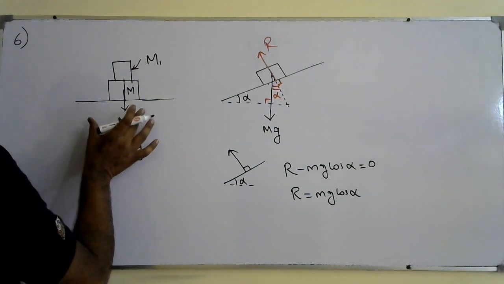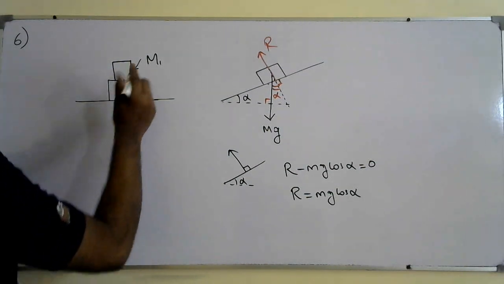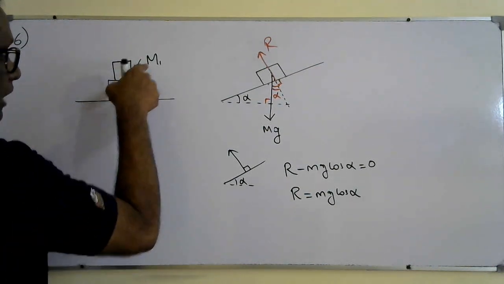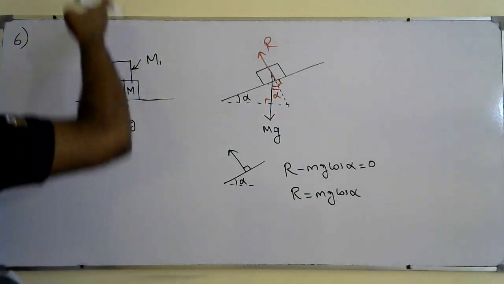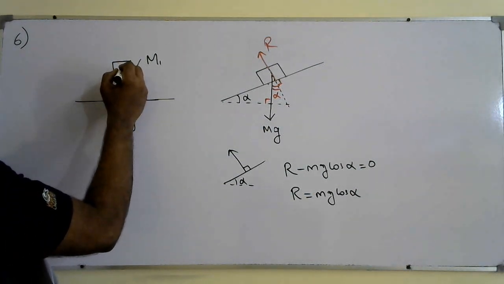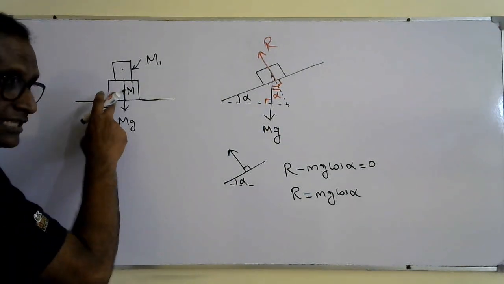Okay, so when we consider the normal reaction now, after we keep another box on the previous box which has mass M, in this direction the weight of this object is acting on the box below. So this box will exert a push on the previous box.